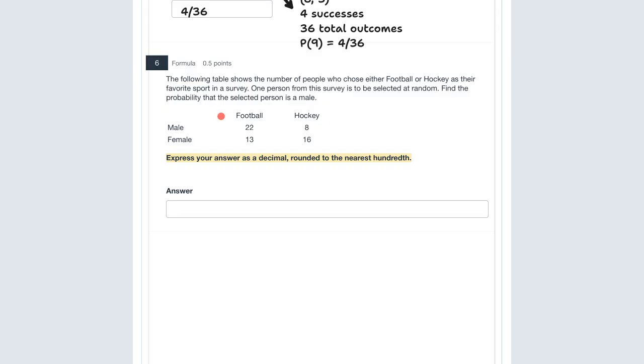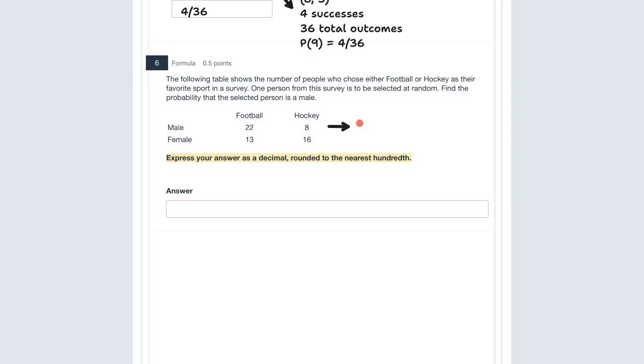There's a table of men and women, and whether they like football or hockey as their favorite sport. Find the probability that the selected person is male. Notice, how many people are here altogether? There are 22 males who like football and 8 males who like hockey. So this is a total of 30 men.